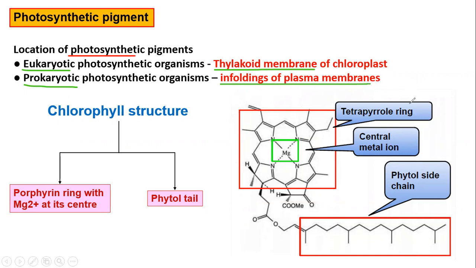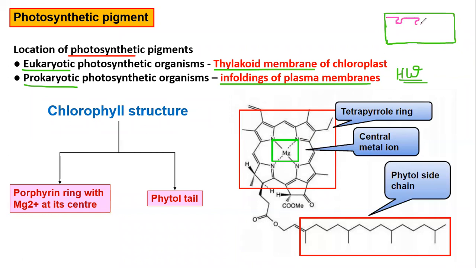That's your homework. Do comment in the comment section what you will call the infoldings of the plasma membrane. When we studied the cell, the unit of life, we studied the cell wall, and inside the cell wall you find the plasma membrane.